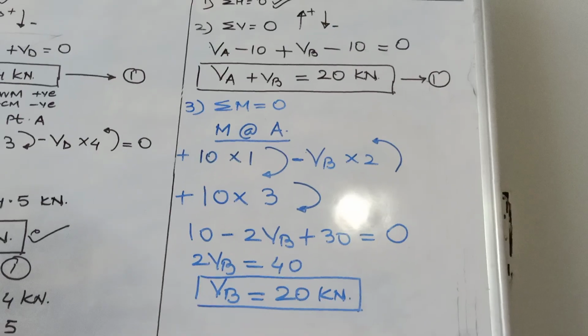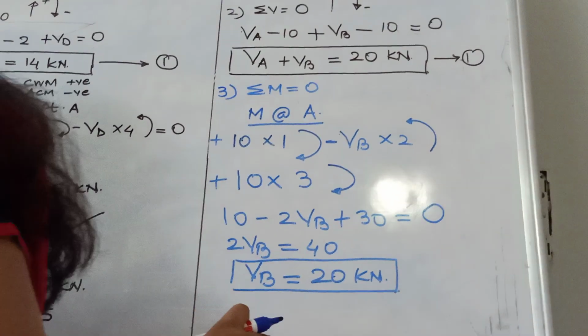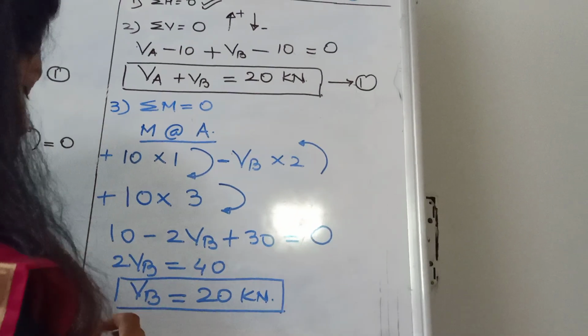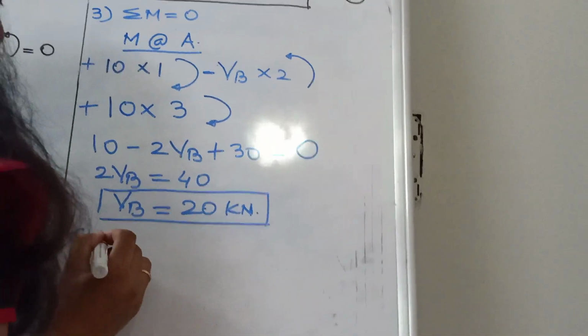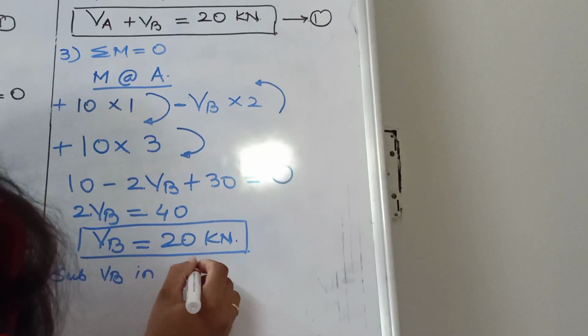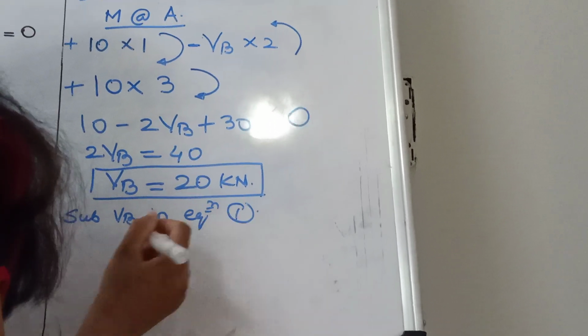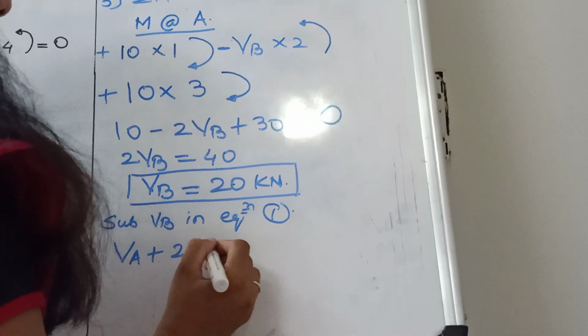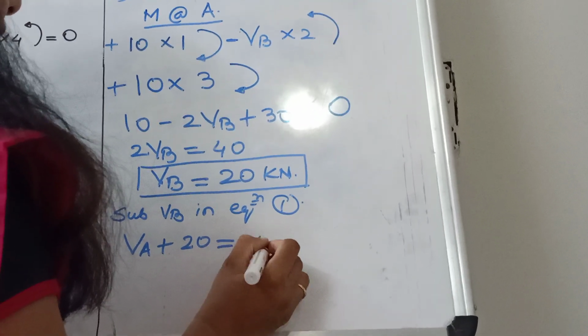Now substituting the value of VB in equation number 1, we get VA plus 20 is equal to 20.